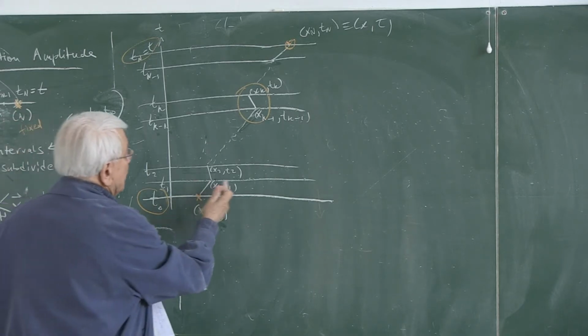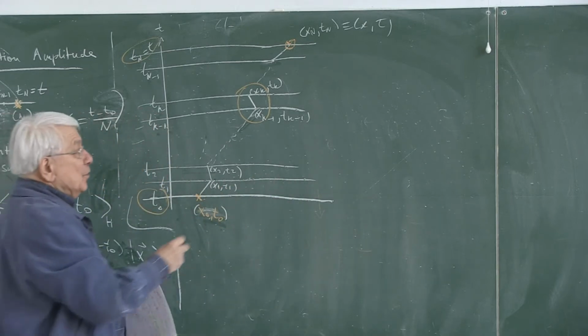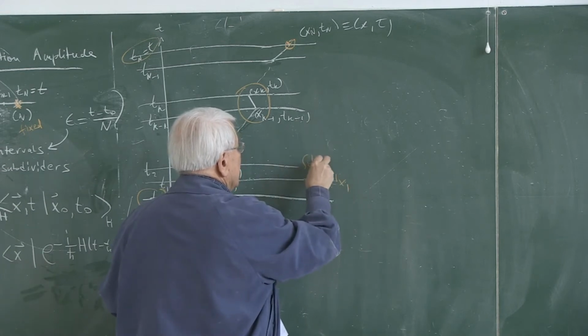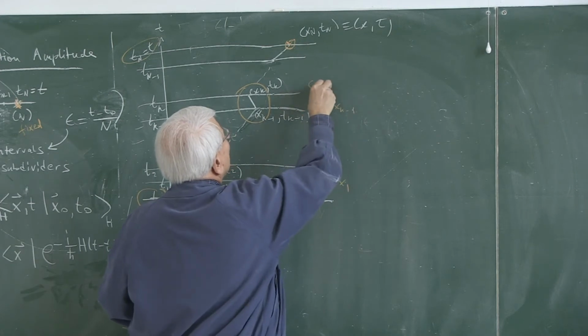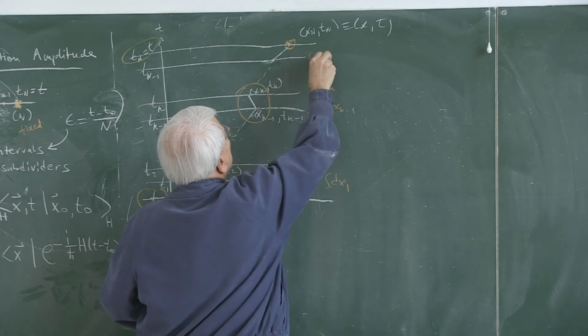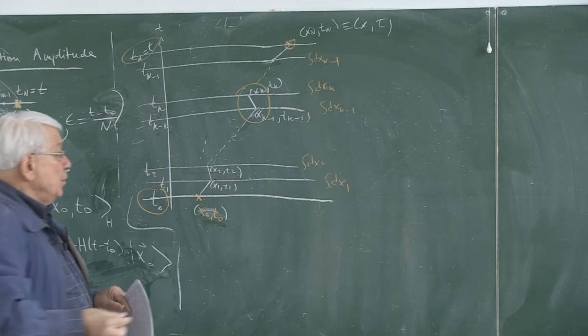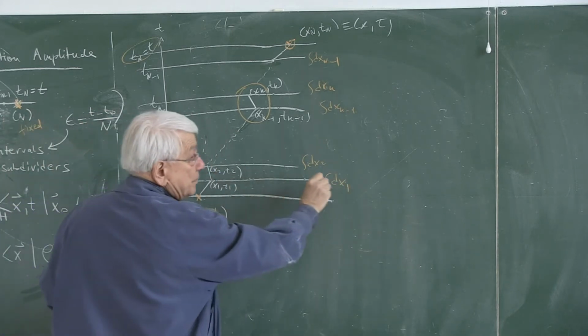So these points are not fixed variables. You're integrating here over the x1. You're integrating over the x2, and so on, finally dx n minus 1. The final is fixed, you are not touching. So these points, in principle, are infinitely many.